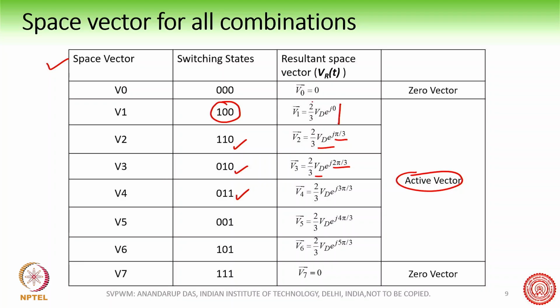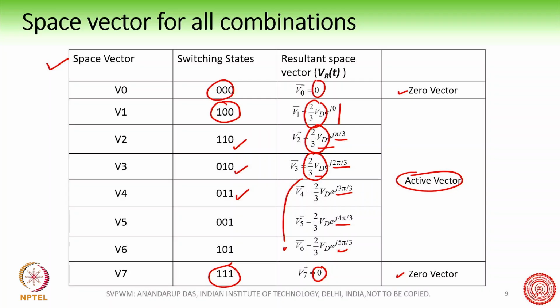As expected, the magnitudes are all equal for the 6 active vectors, and for the zero vectors the magnitudes are 0. So the two switching states 0 0 0 and 1 1 1 produce a zero resultant space vector, but the other 6 produce a space vector of a certain magnitude, while the angles keep changing.